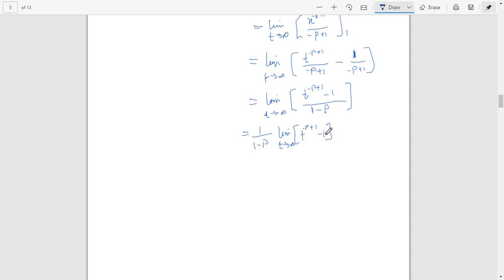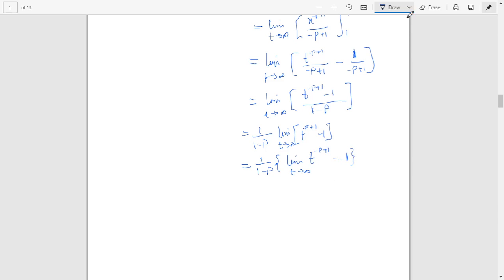The minus 1 is a constant, so my limit becomes even easier. If I take the limit of negative 1, I just get negative 1. So now I'm just looking for the limit of t to the power of minus p plus 1 alone.